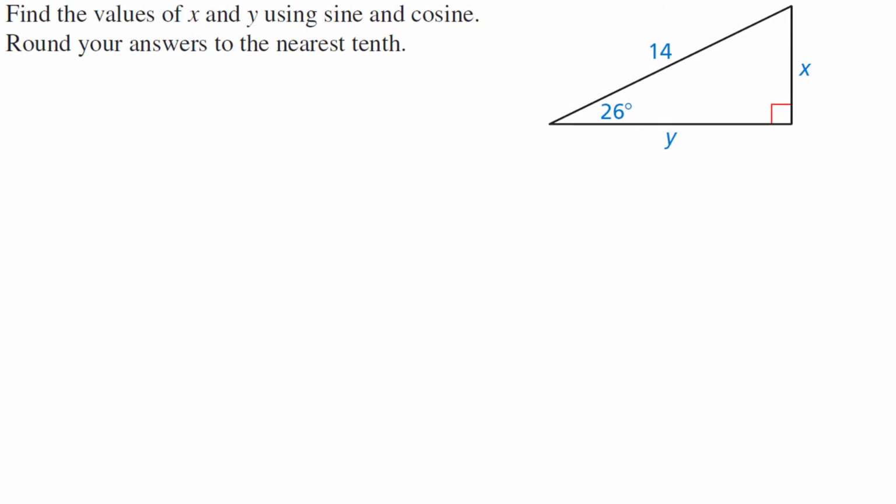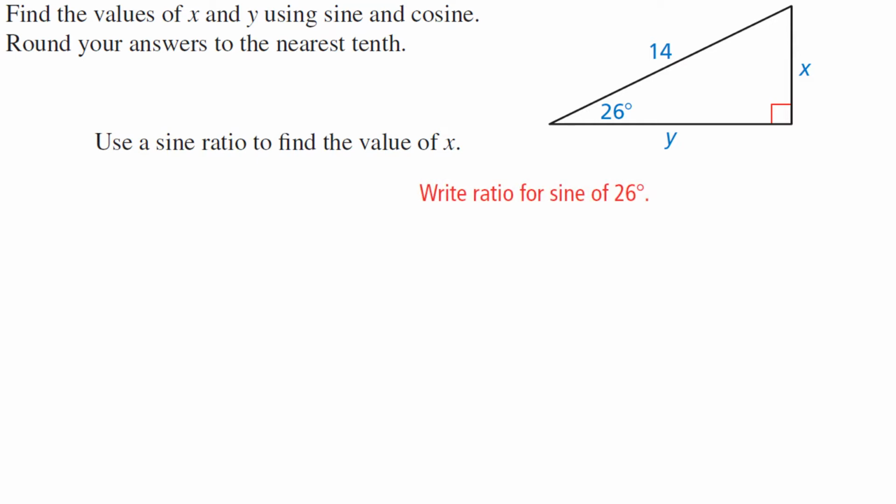Hey, let's find the values of x and y. If I'm at 26 degrees, x is the opposite leg. So I'll use sine, because sine is opposite over hypotenuse. So sine of 26 degrees will be x divided by 14.